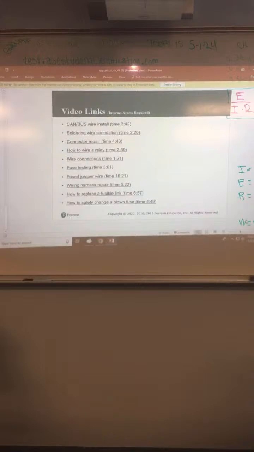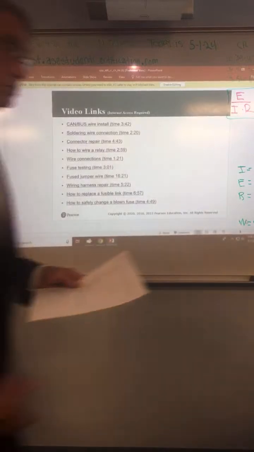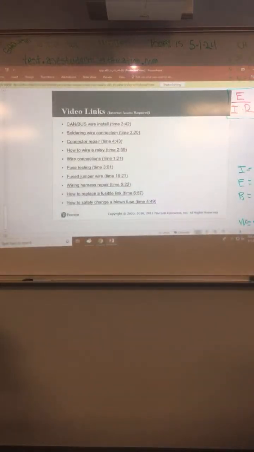Does anybody remember going over anything that talked about the size of the wire for speakers?